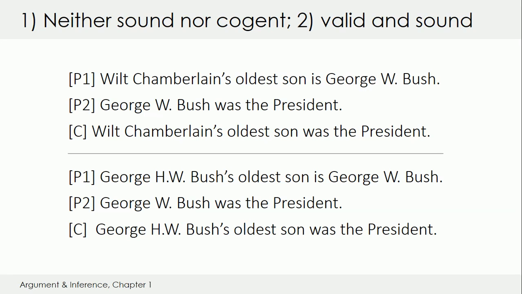The second argument, premise 1, George W. Bush was president, therefore was a president. That's valid. The conclusion follows from the premises if we assume they're true. And it's sound. Premise 1 and premise 2 are true, unlike in the first argument.